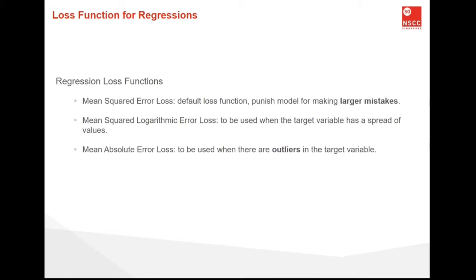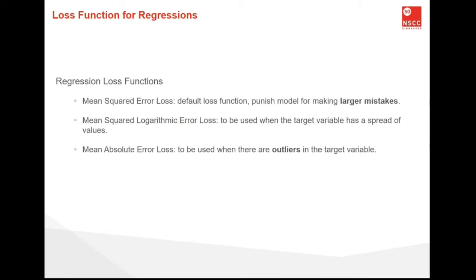In this part, we will talk about loss functions that are appropriate for regression predictive modeling problems. We will evaluate three common loss functions that are appropriate for a regression predictive modeling problem, which are mean square error loss, mean square logarithmic error loss, and mean absolute error loss.